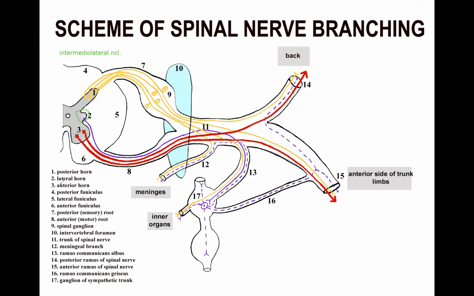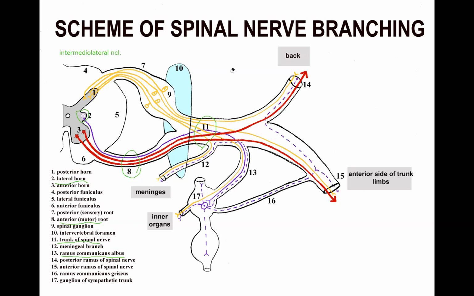So we go from the lateral horn through the anterior root to the spinal nerve itself, and from the spinal nerve, as the fiber is myelinated, so it's white, you go through the white communicating branch, ramus communicans albus. Sorry, I drew a bad one.